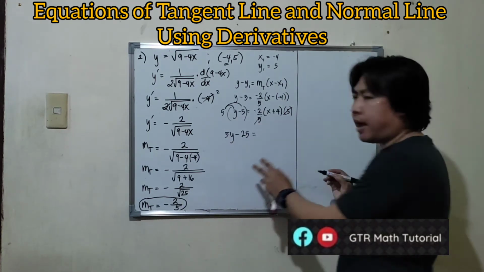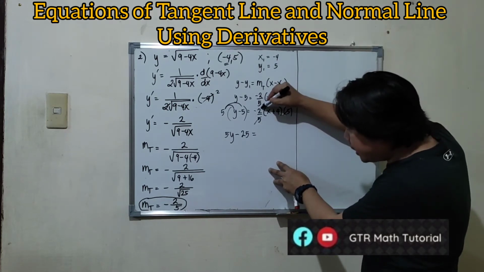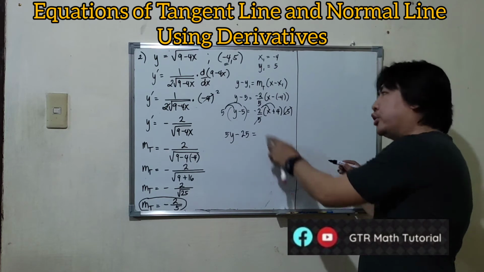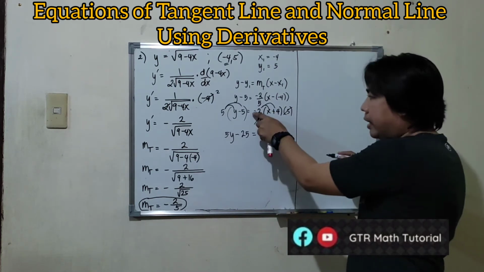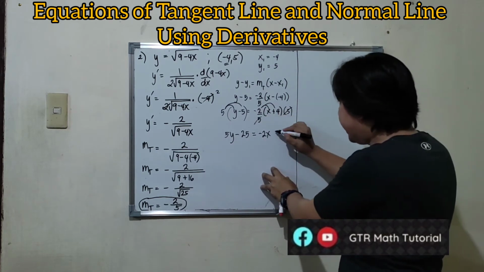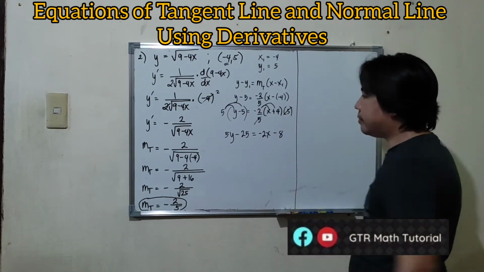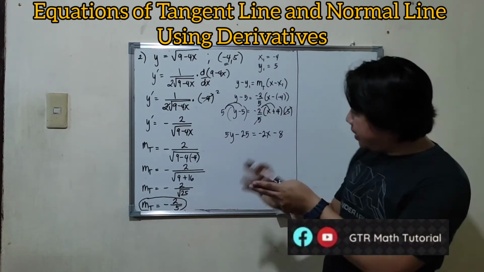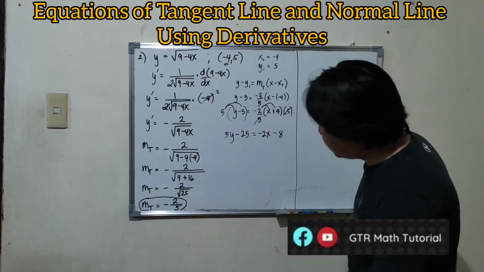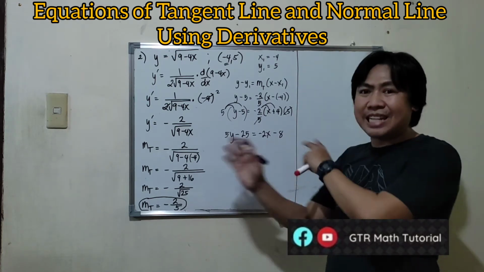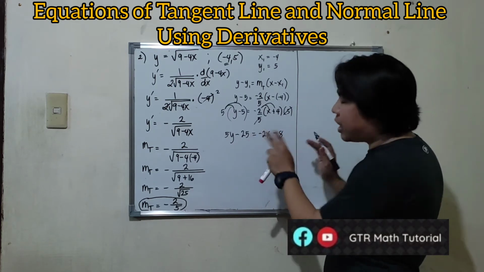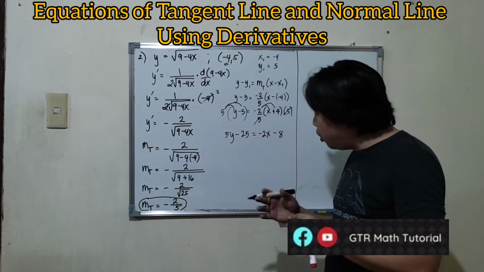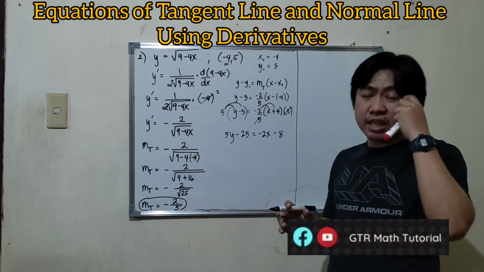Then for the right side, just distribute negative 2 to x and to positive 4. So negative 2 times x is negative 2x, and negative 2 times positive 4 is negative 8. So combine the x and y to transform into standard form. In transforming to standard form, commonly we make x positive.